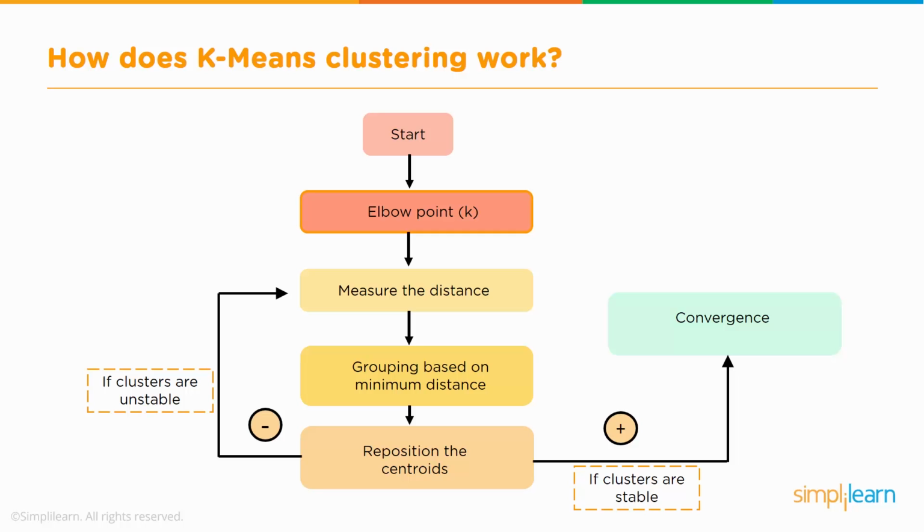Once we have the value of k, we specify that, and then the system will assign that many centroids. It randomly picks that many points to start with, which are considered to be the centroids of these clusters. And then it measures the distance of each of the data points from these centroids and assigns those points to the centroid from which the distance is minimum.